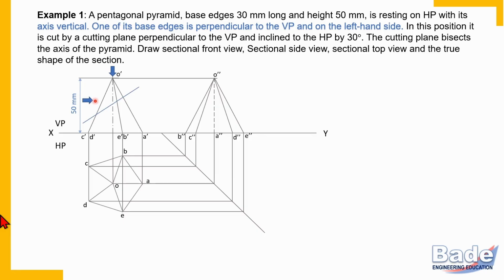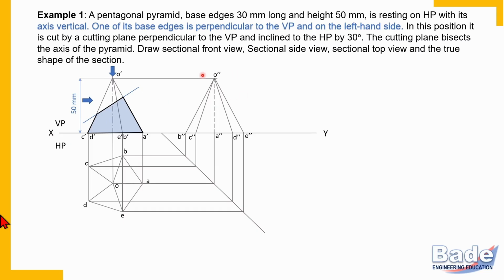Portion nearer to observer is removed portion. Portion nearer to XY line is retained portion. Now watch carefully. From top, section is visible, and also from left side, section is visible. So section is visible in the top view and section is also visible in the side view. So this is correct orientation of the cutting line.